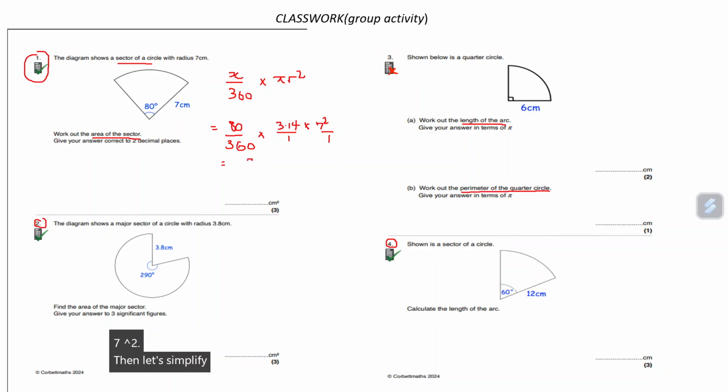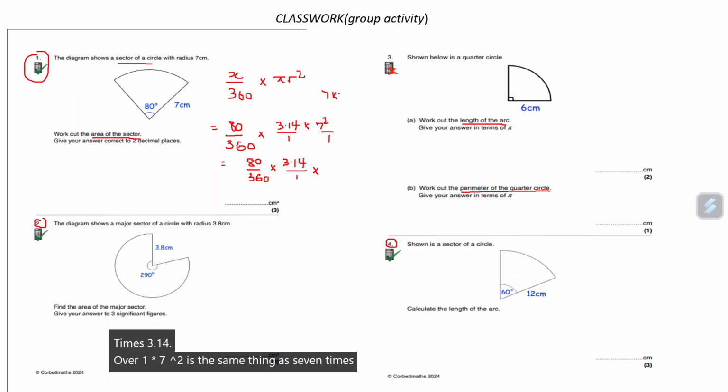This is 80 over 360 times 3.14 over 1 times 7 squared, which is the same thing as 7 times 7. That is 49.